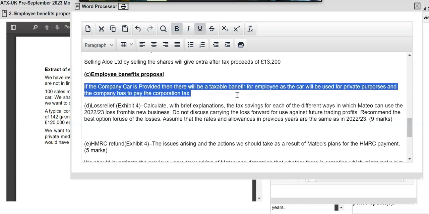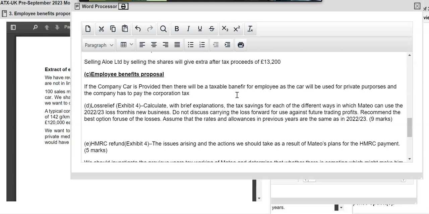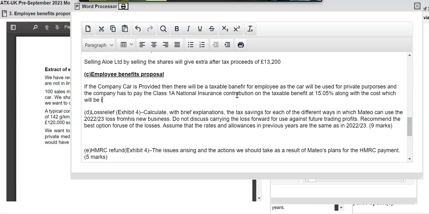No, the company has to pay Class 1A national insurance contribution on the taxable benefit at 15.05%, along with the cost which will be incurred for the car.